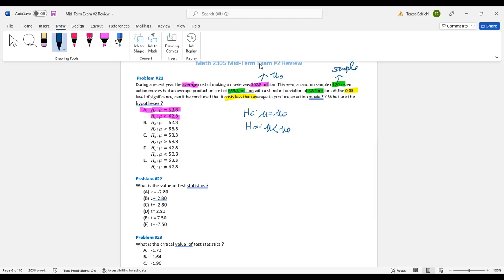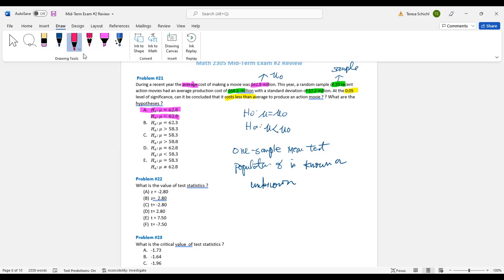So in here, this is a one-sample mean test, right? So in here, is the population sigma known or unknown? Remember, see here, that's what I highlighted. From the 20 movies, I got the average of 58.3 and the standard deviation of 7.2.